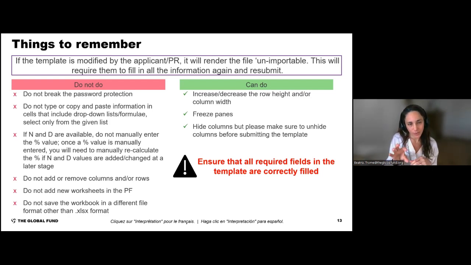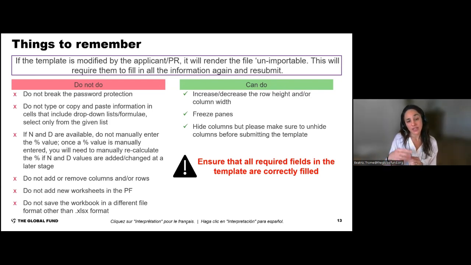Do not type or copy and paste information on cells that already have, for example, features such as drop-down lists. If you have a numerator, denominator, and then a %, and you do not have the numerator and denominator, it's okay to add the % manually.